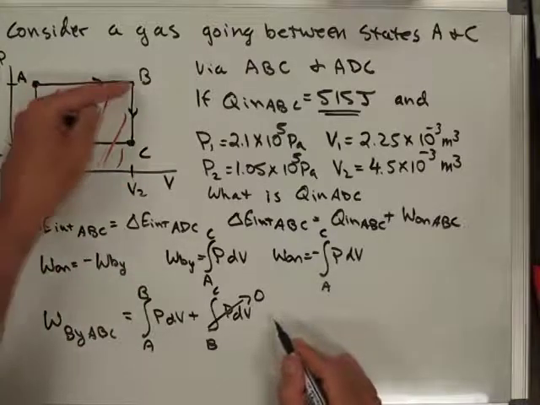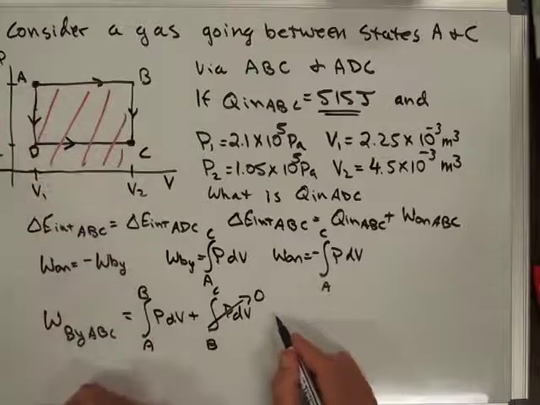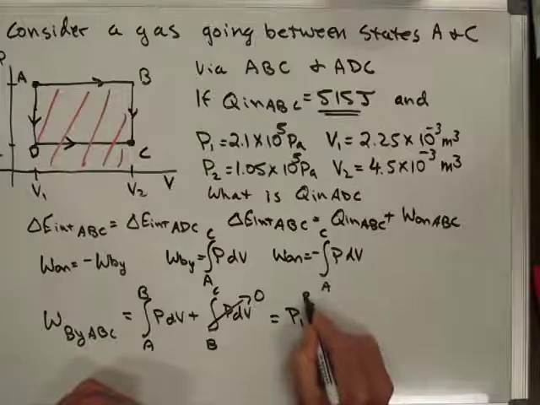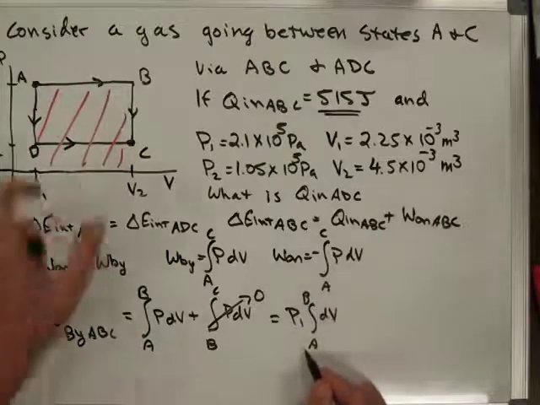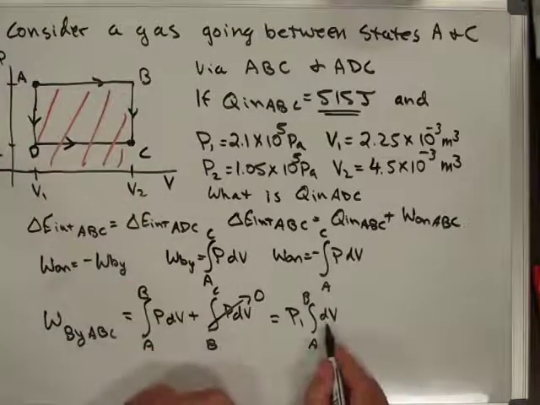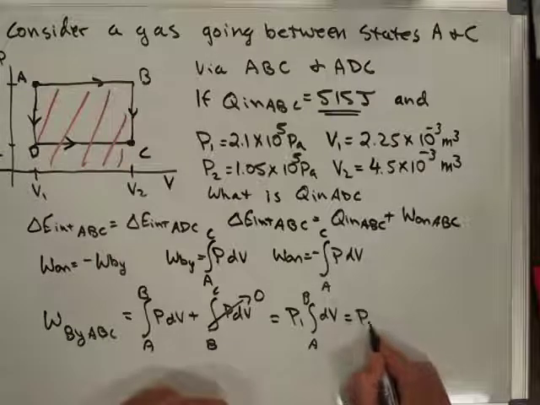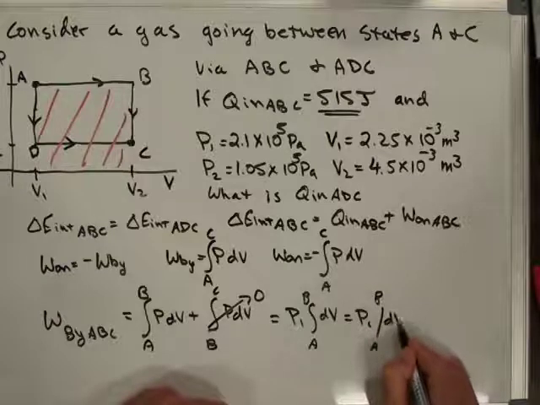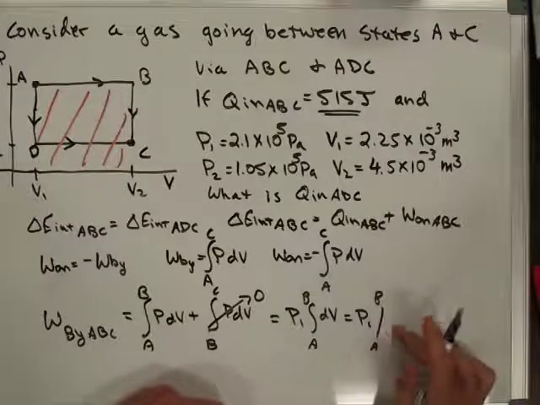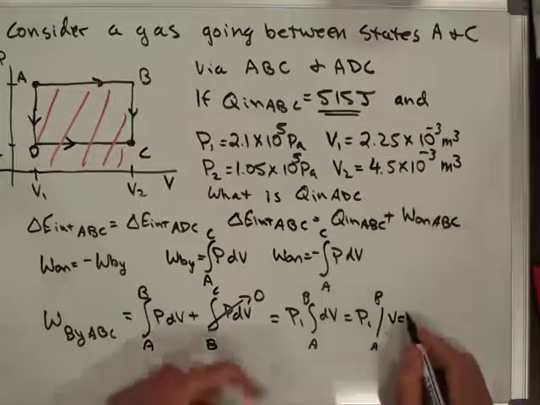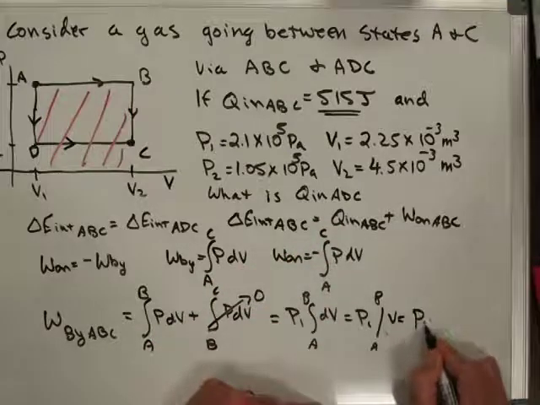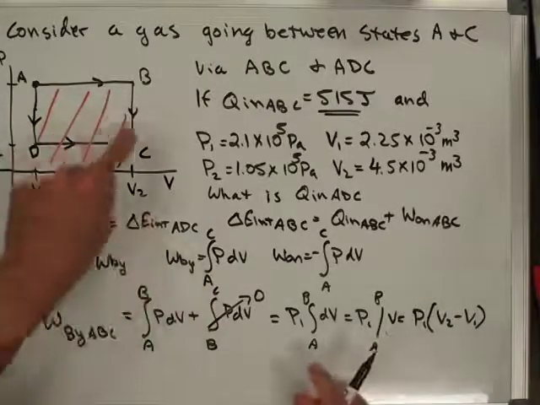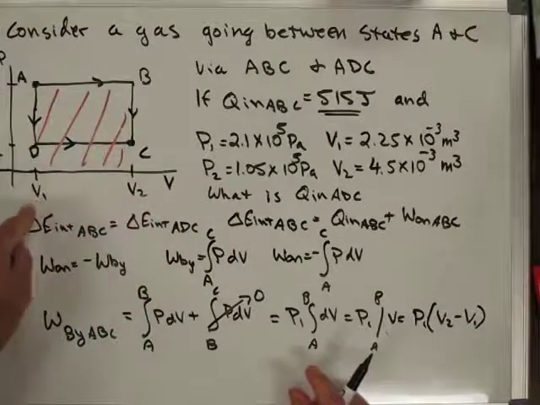And if you notice, the work along this path is at constant volume, and so it's equal to P1 times the integral from A to B of d volume, right? But the integral of dV is just V, and so it's equal to P1 times the evaluation from A to B of V, which is just P1 times V2 minus V1, because the volume at B is V2 and the volume at A is V1.